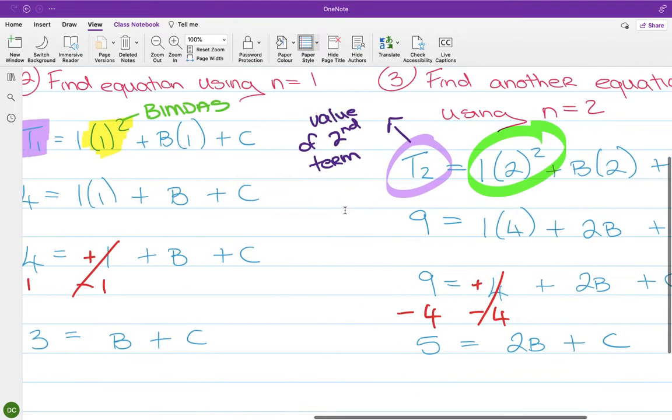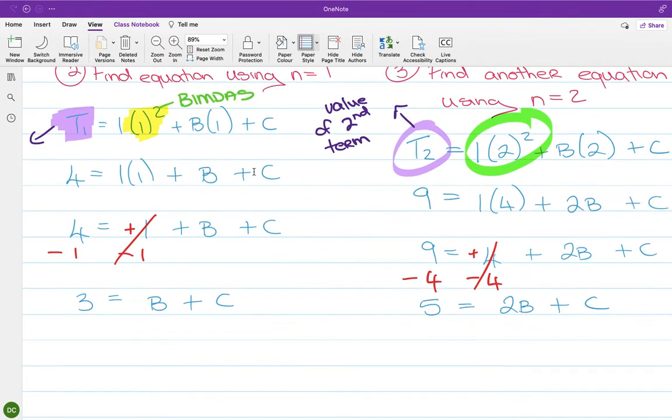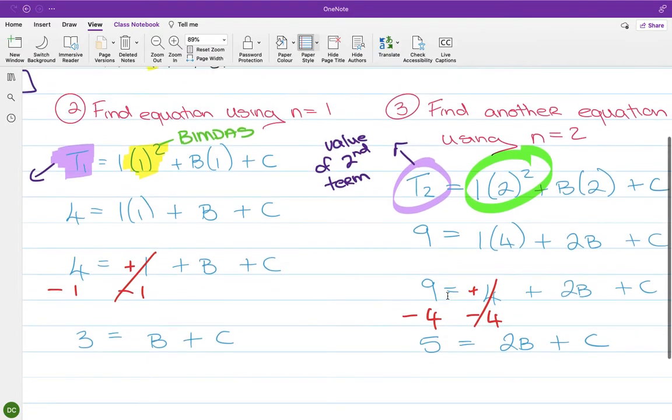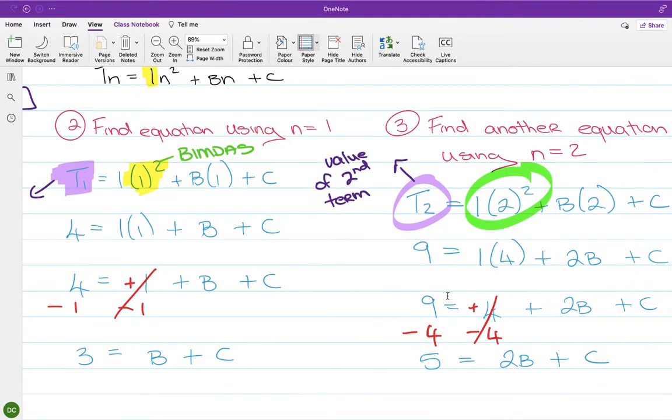Alright, so now I have 2 equations. There you go. With the same 2 variables, which means now I should be able to solve it. We solve it using simultaneous equations. So use simultaneous equations to find b and c.